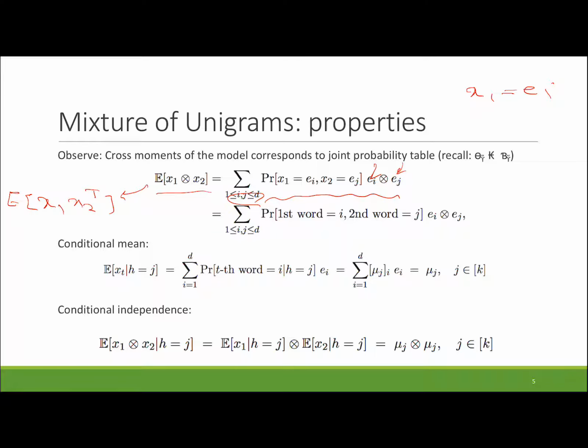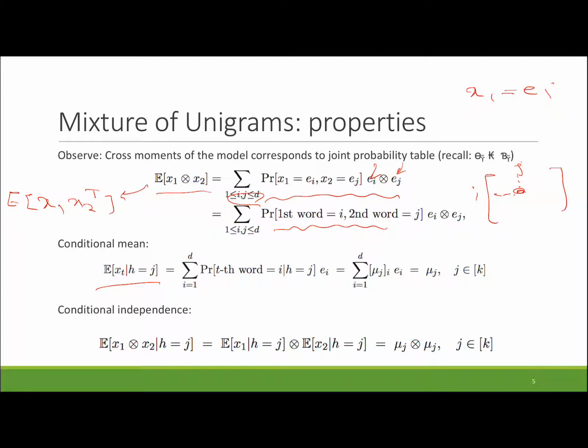Right, so what this tells us is that this expected value is just the joint probability table for seeing these words jointly, right? So this is going to be a matrix, and its ijth entry is going to give me the probability of the first word being equal to i and the probability of the second word being equal to j.